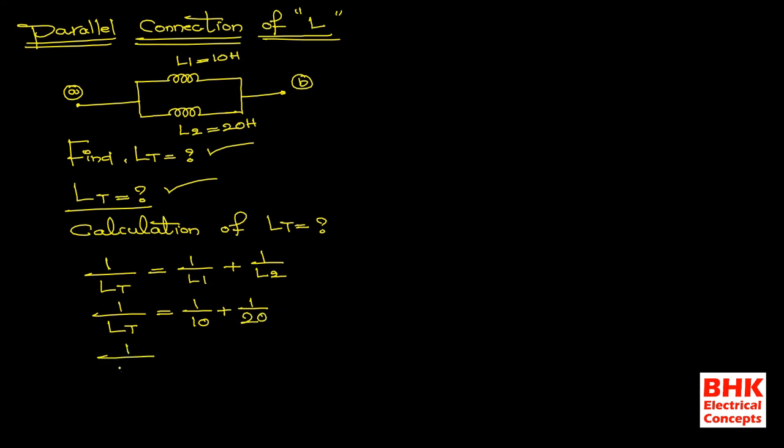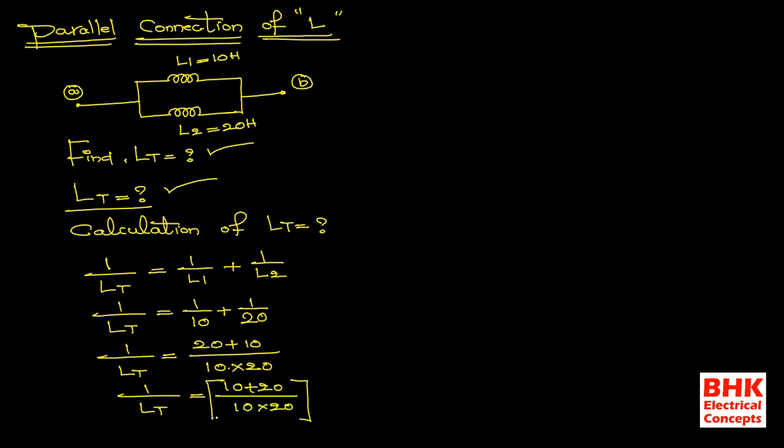Now simplify, 1 divided by LT is equal to, by taking LCM, 10 into 20 in the denominator and 20 plus 10 in the numerator. Okay. Now here 1 divided by LT is equal to 10 plus 20 divided by 10 into 20.